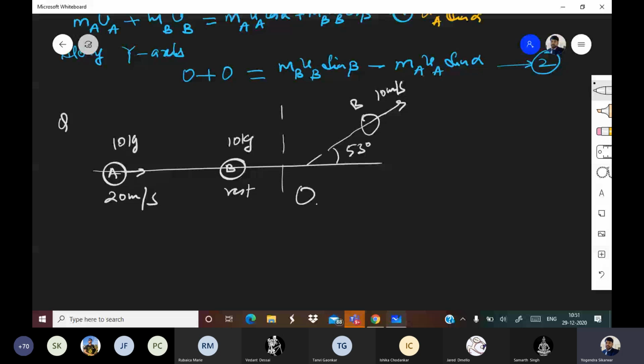This is A. This angle is theta and velocity is VA. Find number 1, VA, number 2, theta. Please find, everyone.